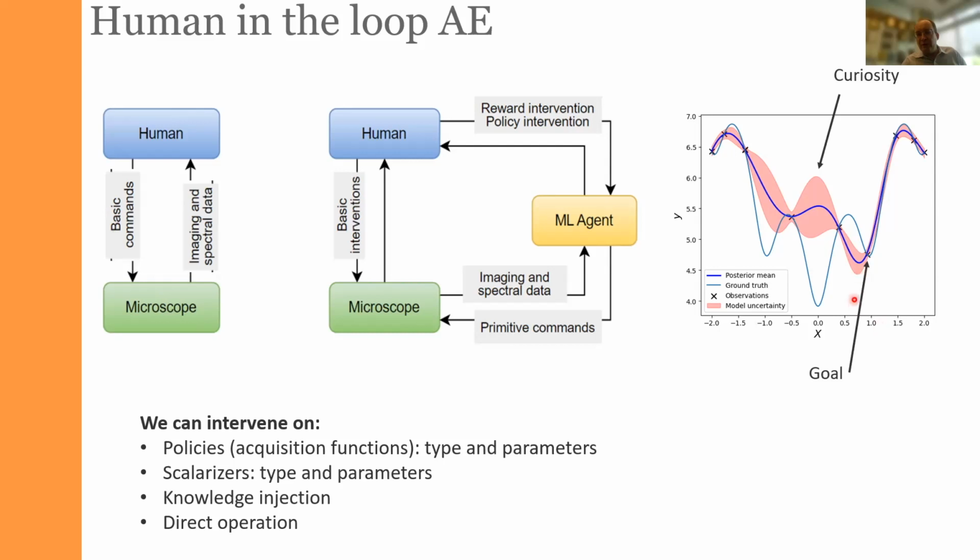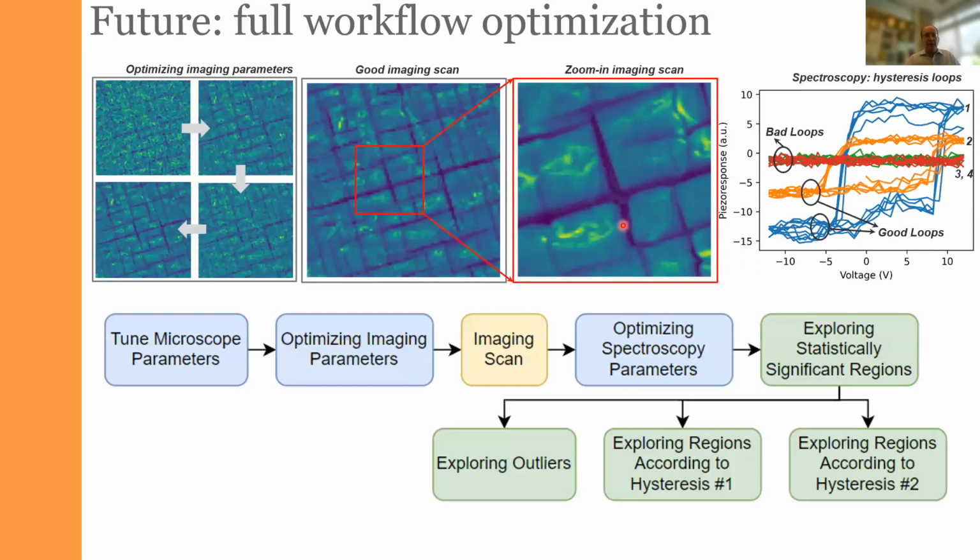So notice that it is very unusual, because in this setting, it's not us who run the microscope, it's us who tweak the agent that runs the microscope. Now, a very interesting and to some extent philosophical question is whether we can envision more complex workflows.